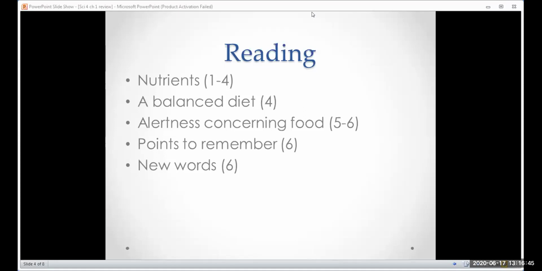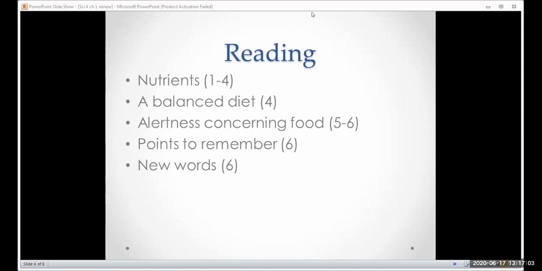Zen, do it fast. Yes, start reading carbohydrates. Carbohydrates give you energy. People who do more physical work need more carbohydrates.